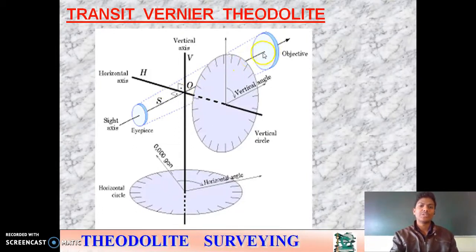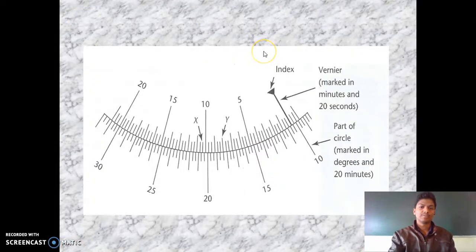This is the objective side and this is the eyepiece side. This side is the observer and this side is the object.